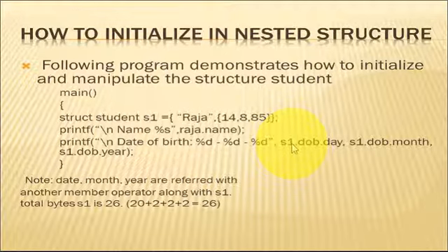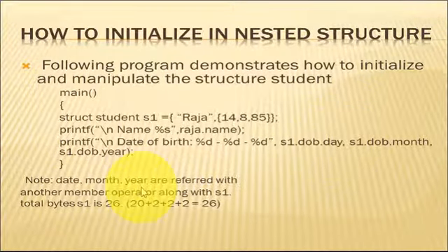Here s1 is the structure variable of student, and dob is the structure variable of date, which is inside the student structure. The dob consists of three data members: day, month, year. So we have to use two dot operators to access nested structures.